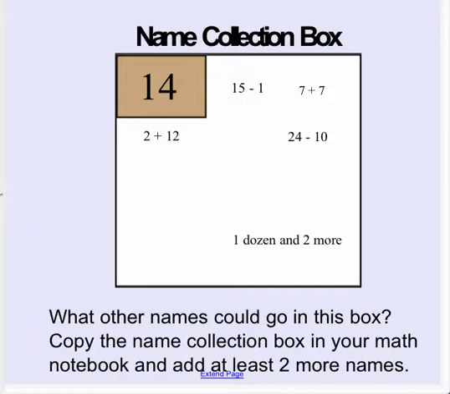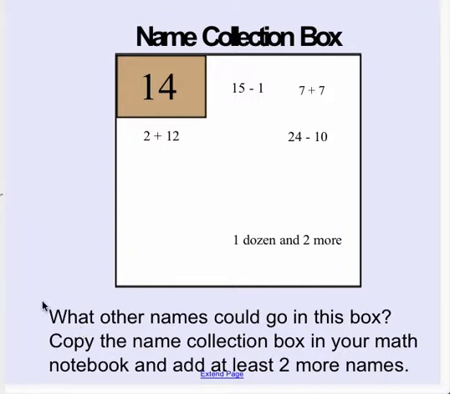And this number 14 has been entered into a name collection box right up here. Sometimes this is referred to as the tag in a name collection box. So inside our tag we have the number 14. In the space around it are all of those earlier examples. These again are called names, and these are different names to get 14.